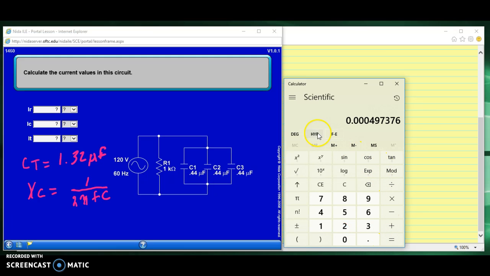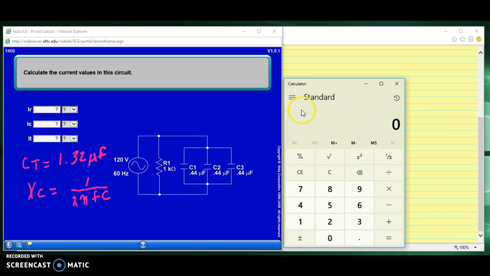Equals, and crud, we're in scientific mode, and I'm going to have to change back to standard to be able to use this 1/x. That's okay. 6.28 times 60 times 0.00000132, again with the implied decimal there, 1, 2, 3, 4, 5, 6. That works.